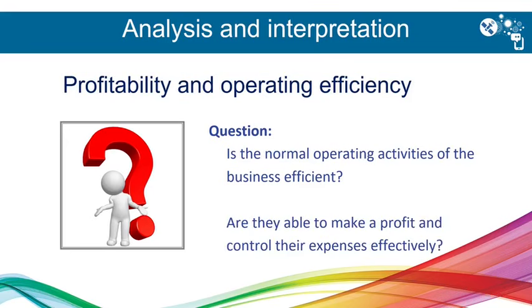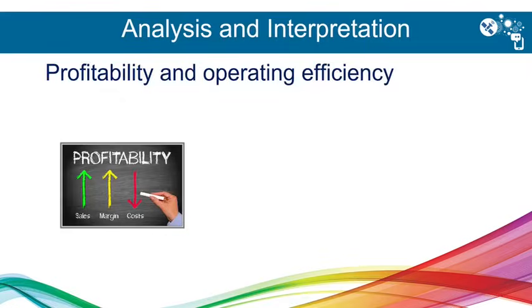And are they able to make a profit and control their expenses effectively? We start the income statement with sales, cost of sales, we get the gross profit, then we add income, subtract expenses. So are we able to control those expenses effectively so that we can make a profit?